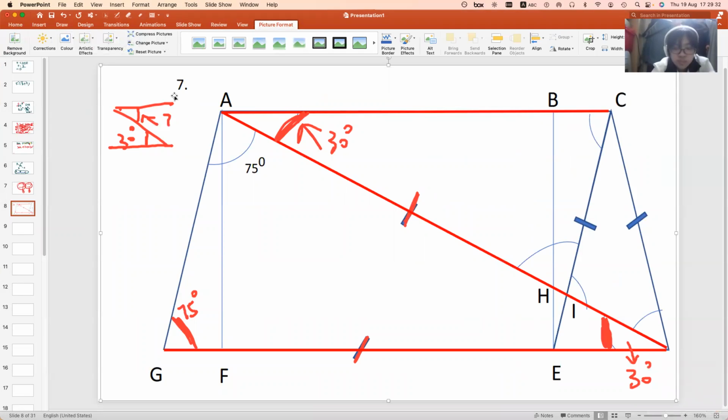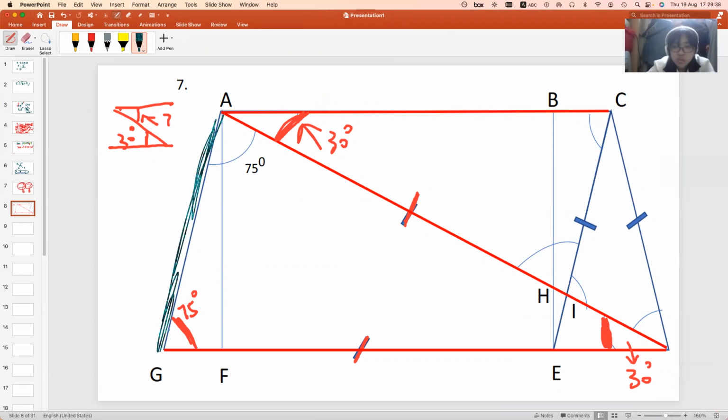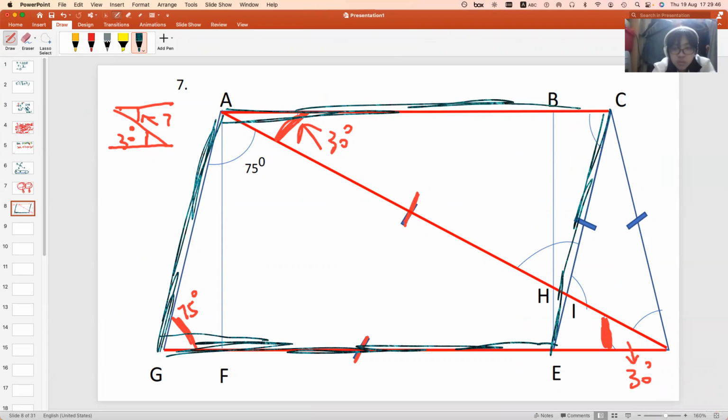So just now we said this one, what figure is this? What figure is this? C. Huh? I mean parallelogram.